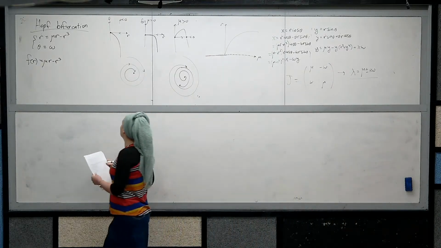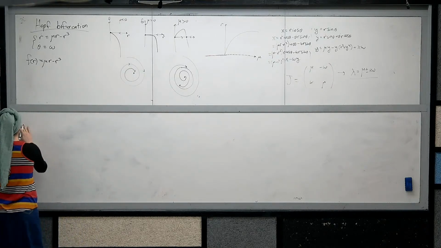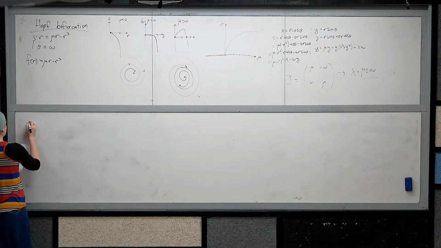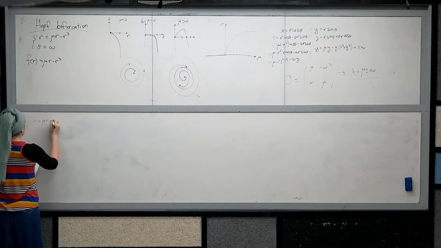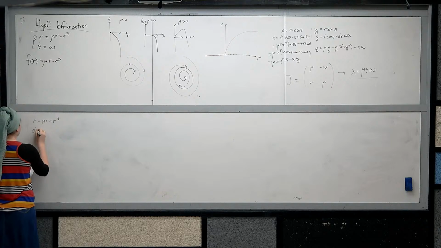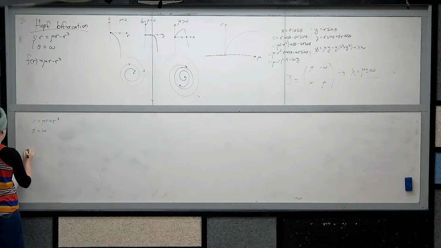Okay, this was a supercritical Hopf bifurcation, and now the subcritical one. So let's look at the system. r dot is now mu r plus r cubed, and theta dot is still constant. So for mu lower than 0, we have f in r like this, okay, unstable.